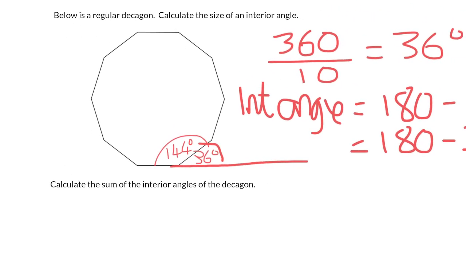Now, if I'm asked to calculate the sum of the interior angles, that means all of the interior angles. I know that one angle is 144, and I know I've got 10 of those angles. So each one is 144, so that'll give me 1,440 degrees.